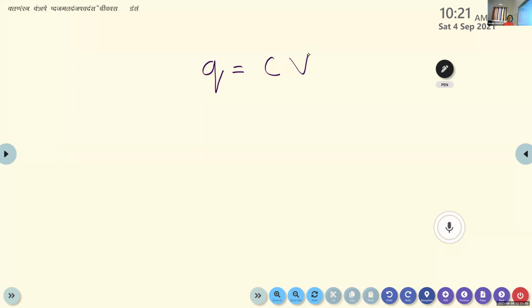But here we want to find an expression for the current generated in a capacitor when it is connected to an alternating source of EMF, V is equal to Vm sin omega t. So from Q is equal to CV, how can we generate an equation for the current developed in a capacitor?